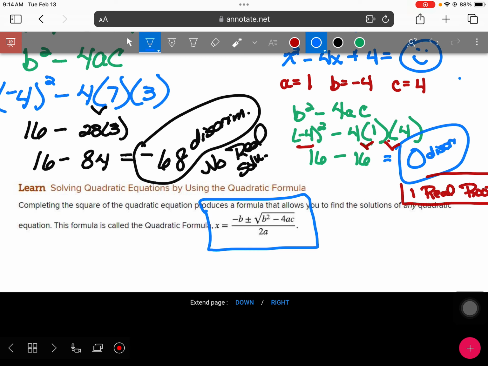We can use the quadratic formula when we do not have an equation that is factorable, okay? And basically we need to find A, B, and C, and then we substitute these values in. And then we have this really important part called the discriminant.